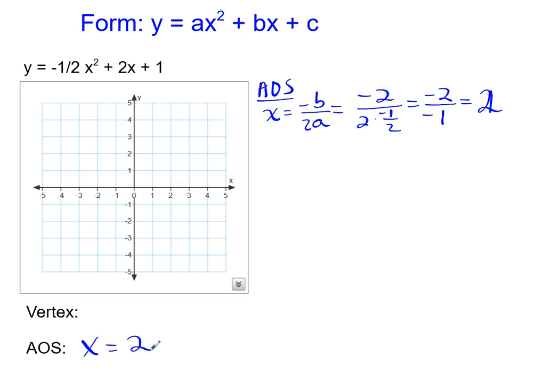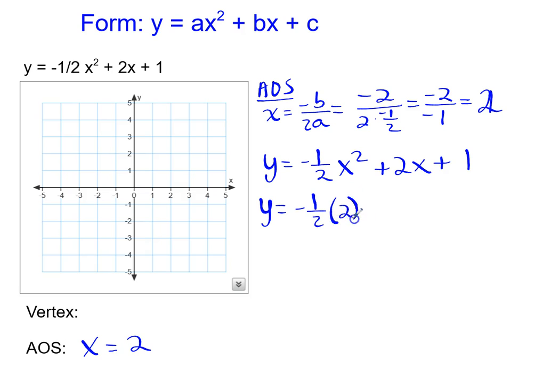So we're going to plug that into the original equation everywhere we see an x. So y equals negative 1/2 times 2 squared plus 2 times 2 plus 1. Square your number first. 2 squared is 4.